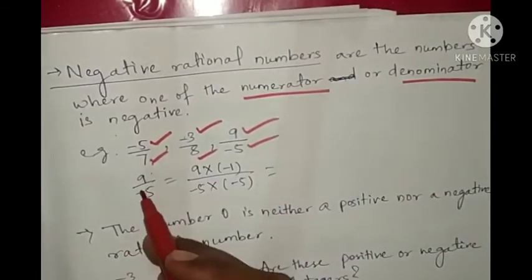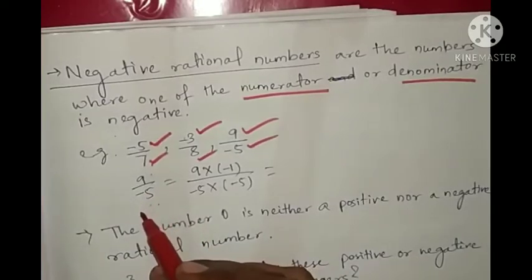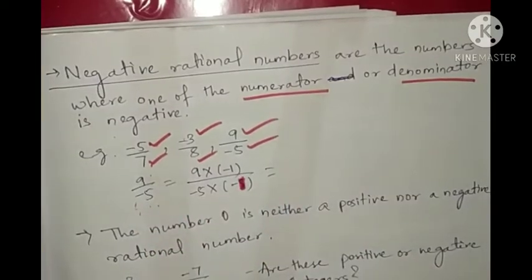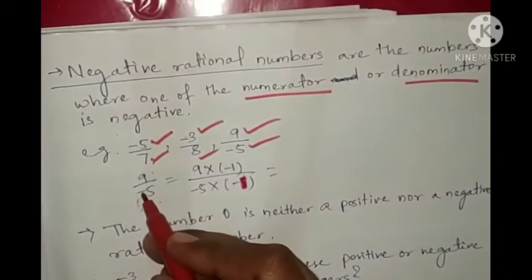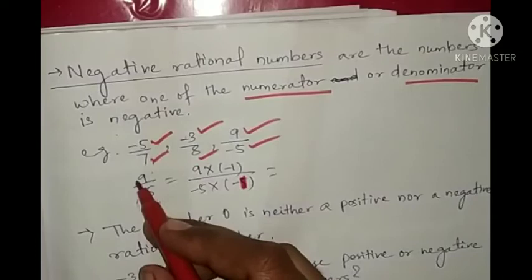So look at 9 by minus 5. We can write the negative sign above also. How can we move the negative sign above?